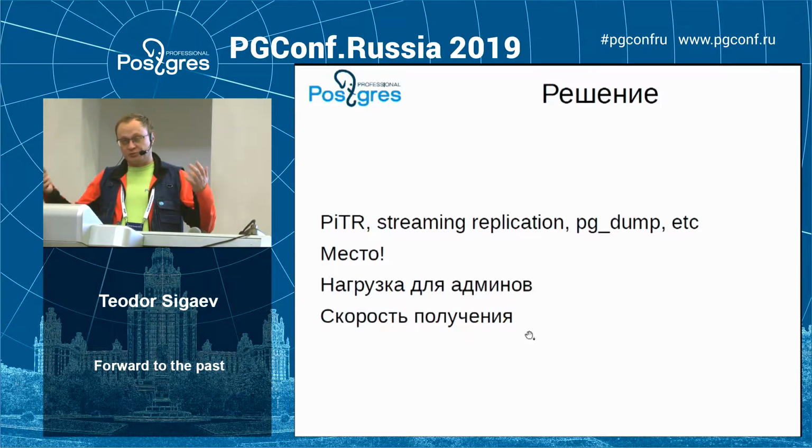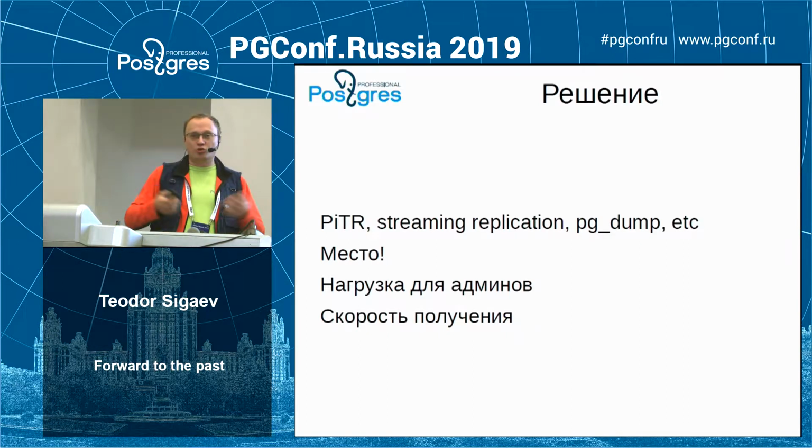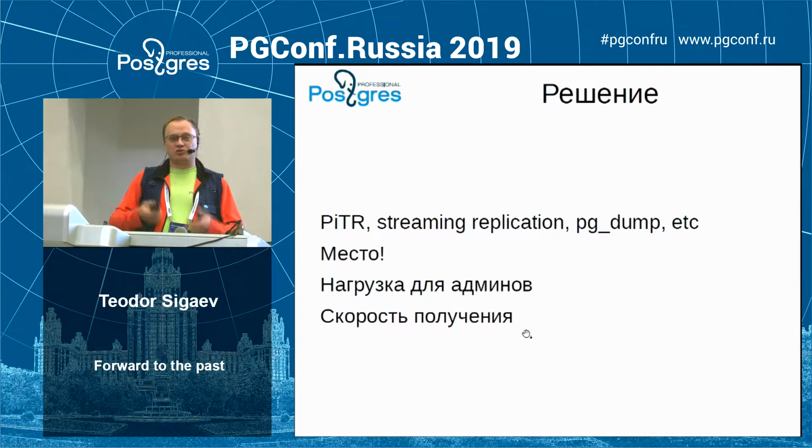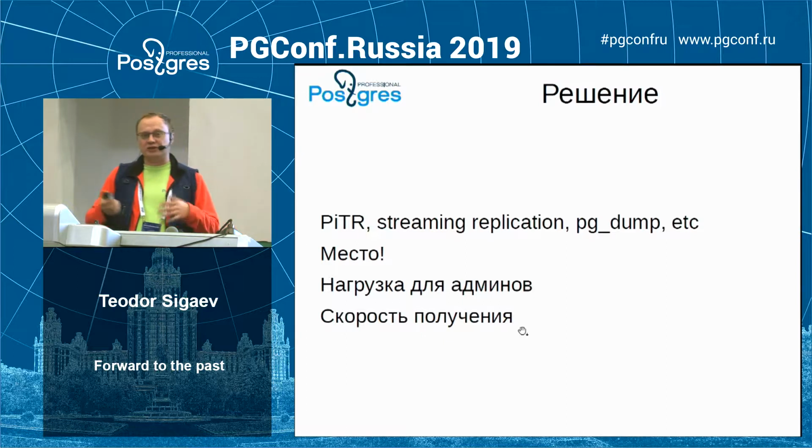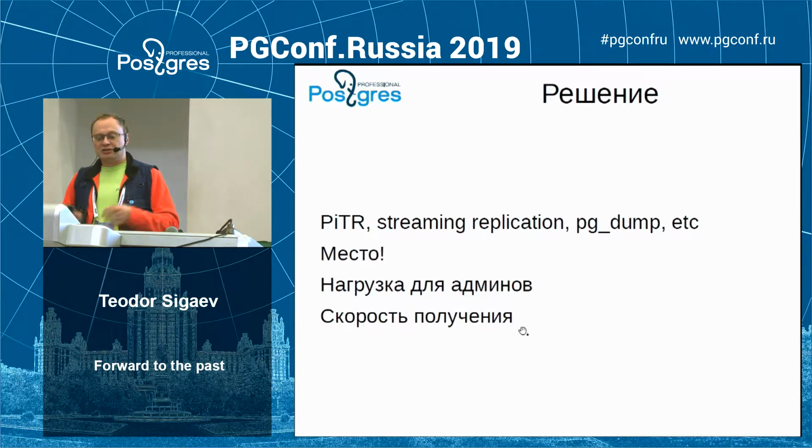If you made a few pg_dumps, you need to understand the data in these dumps. They are common, but they are a huge amount of data and you store them separately because there is no way to have incremental backups.